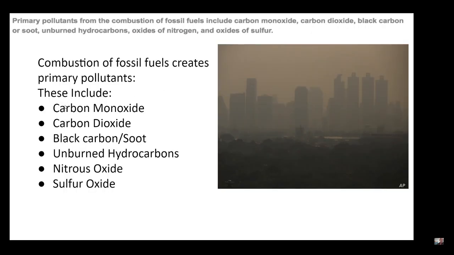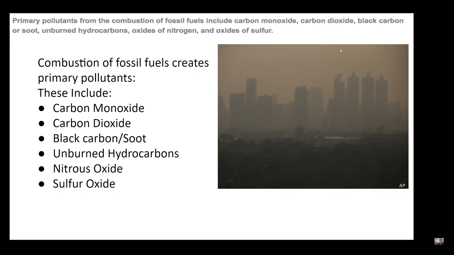All right, so primary pollutants. We're going to talk about primary and secondary pollutants in this course, and you'll know the difference between them. Primary pollutants from the combustion of fossil fuels include carbon monoxide, carbon dioxide, black carbon, soot, unburned hydrocarbons, nitrous oxide, and sulfur oxide.